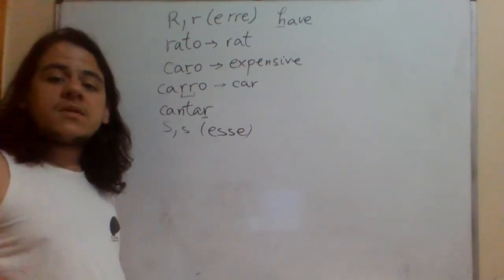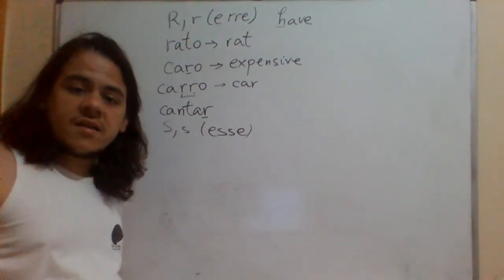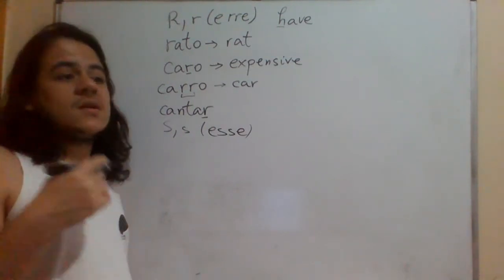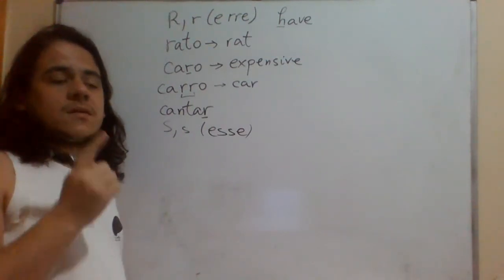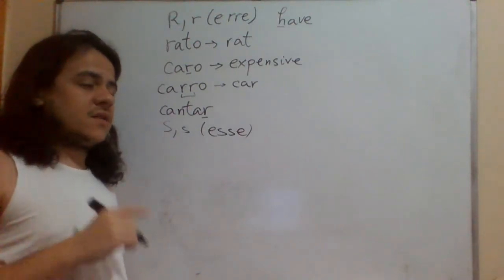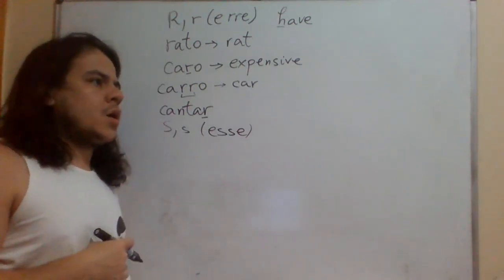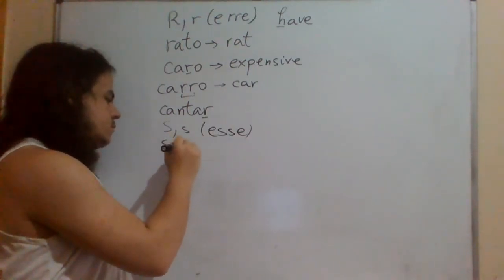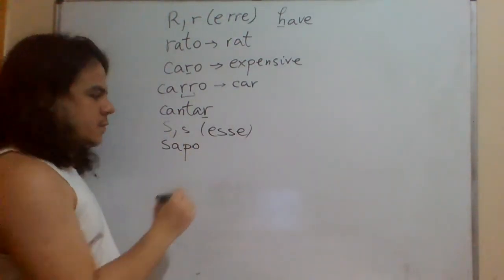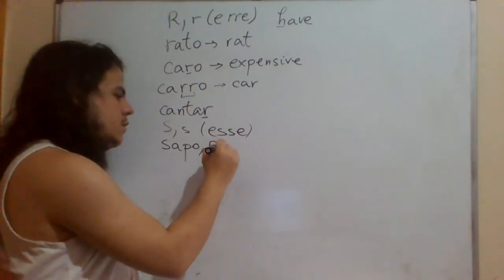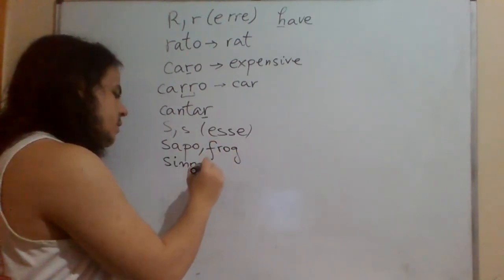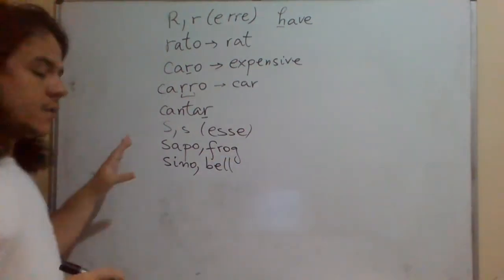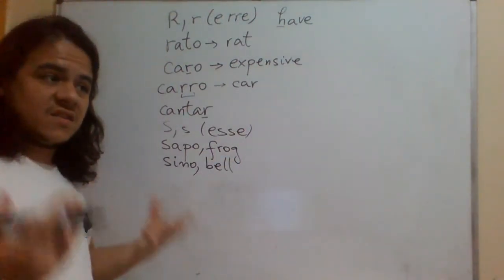It can sound like a normal letter S, this sound of S. For example, in English, C, this sound S. For example, sapo, it means frog. Sino, it means bell. So this is the sound of s, s.